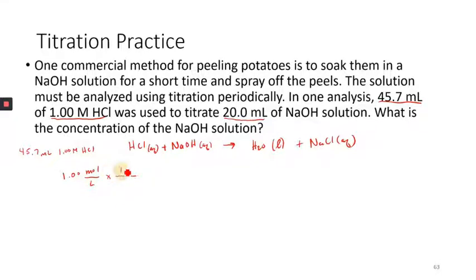And since our volume is in milliliters, we need to convert to liters. And then we multiply by our volume, and that'll give us our moles. We need 3 significant figures because our given was in 3 significant figures. This is moles of HCl.